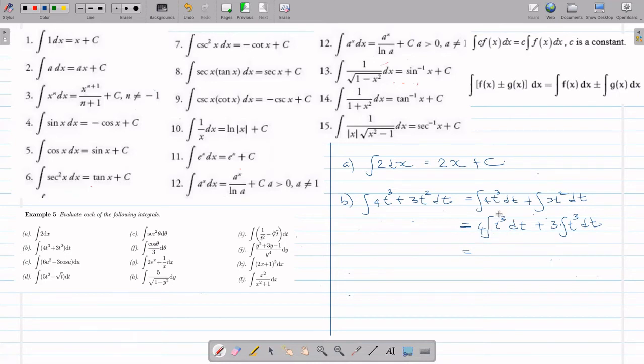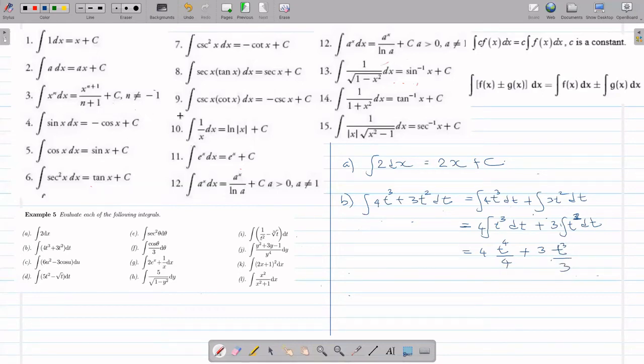Now this t cubed, I can apply the n plus 1 formula. n is 3, so n plus 1 is 4. So t to the 4 over 4, plus 3 times, for t squared, n is 2, 2 plus 1 is 3, so I get t cubed over 3.